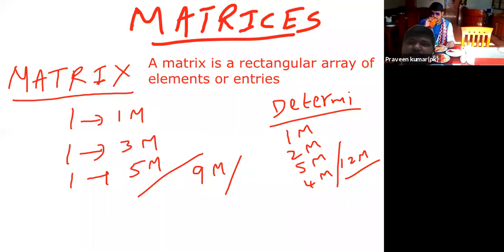So the definition of the matrix is a rectangular array of elements or entries. Many students have just joined, so everyone, you can copy the definition, and also how many marks they will ask in the matrix chapter.